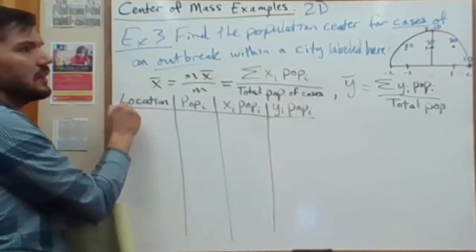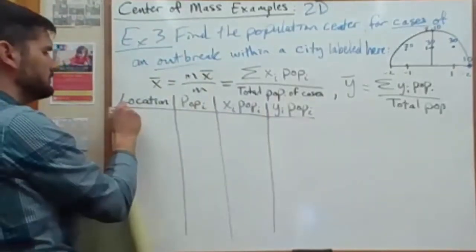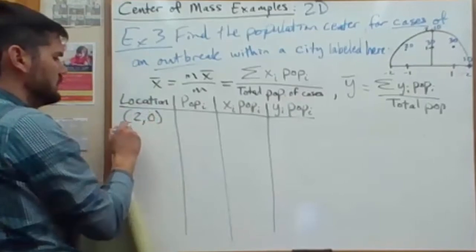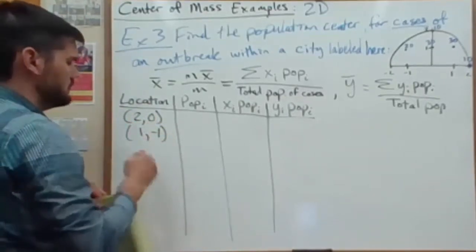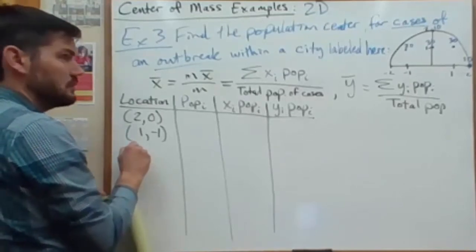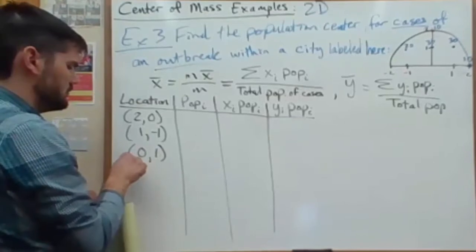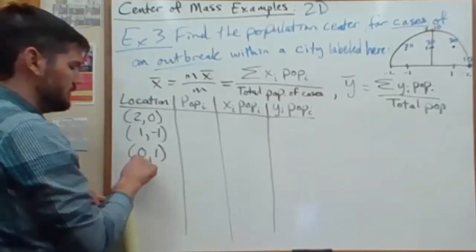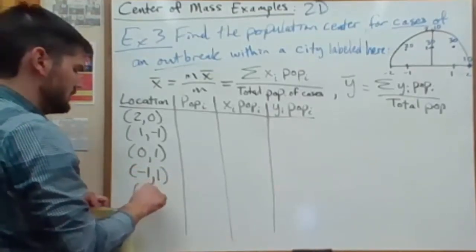So I'll just start from the far right and then move across the board. I have 2, 0, then 1, -1, 0, 1, -1, 1, and then up top 0, 2.